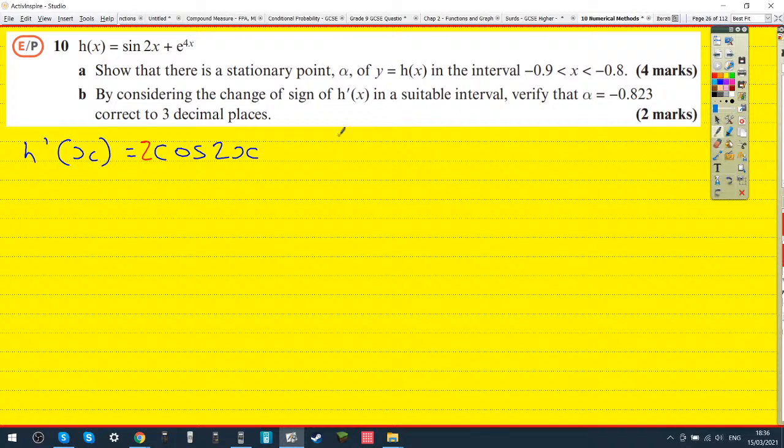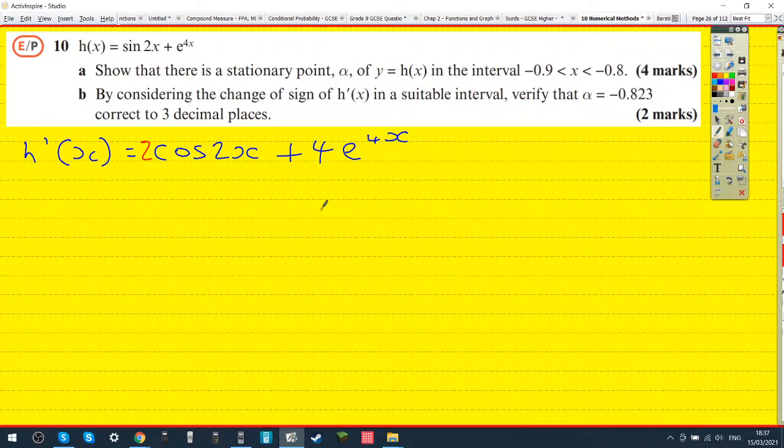And e to the 4x, was that like ln e to the 4x or something like that? It'll be e to the 4x still. Yeah. But similar to the previous one, and then times by 4, so 4e to the 4x. Yeah.